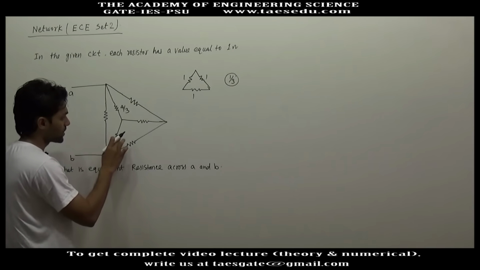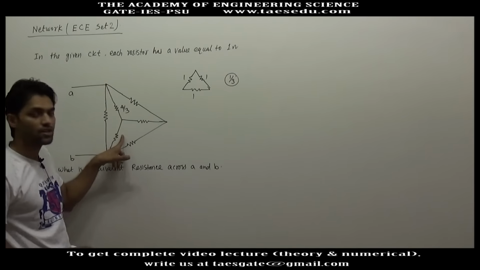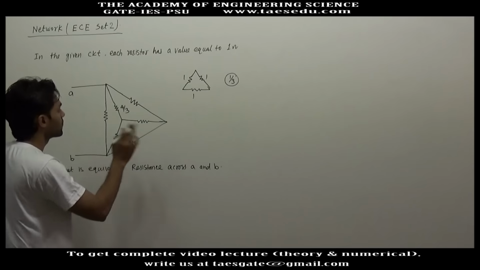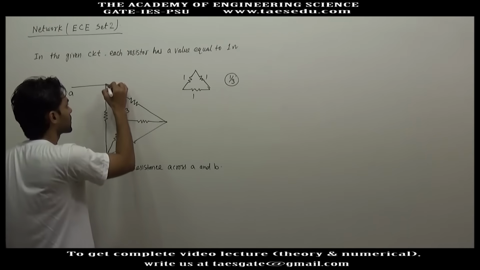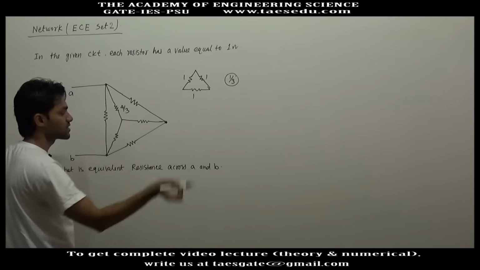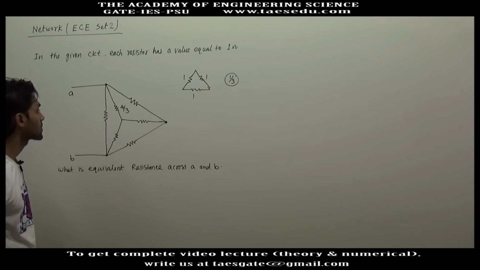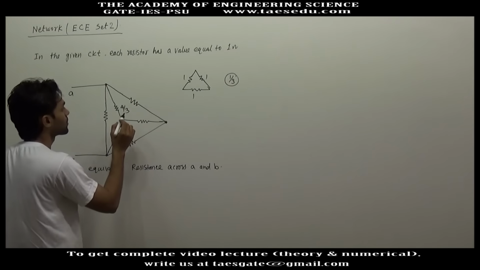Now let us again convert the inner star connection to delta connection. If you convert these resistances to delta connection, the connection across these three terminals is not changed. All these resistances are equal.